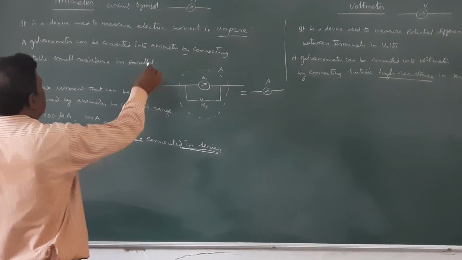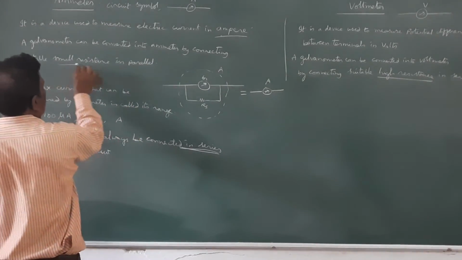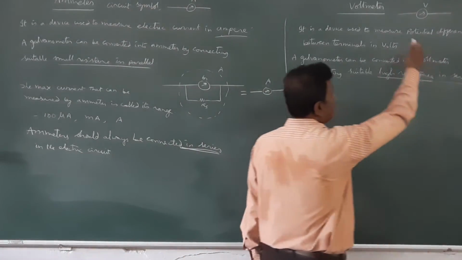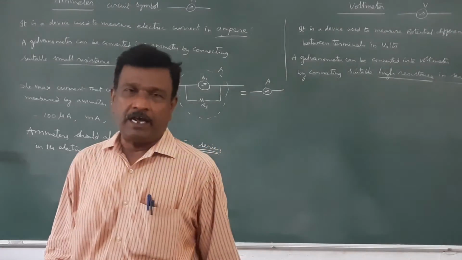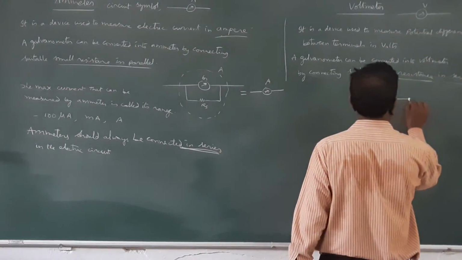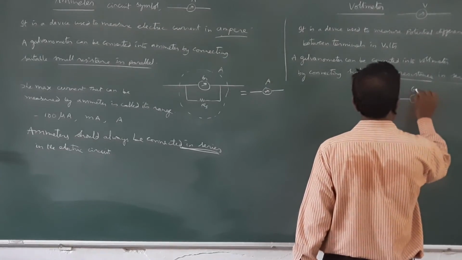You see here, a suitable small resistance in parallel, and a suitable high resistance in series in the case of the voltmeter. Suppose this is the galvanometer.